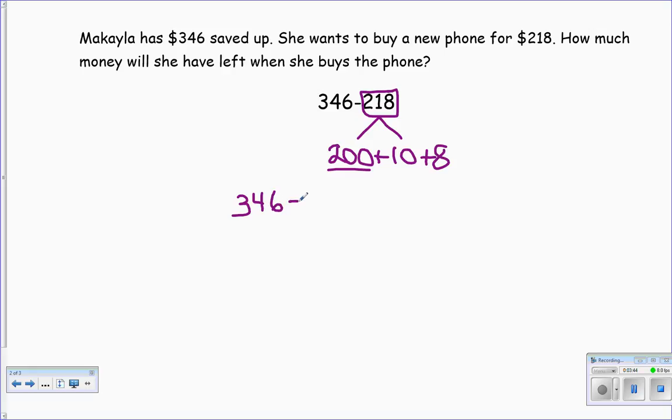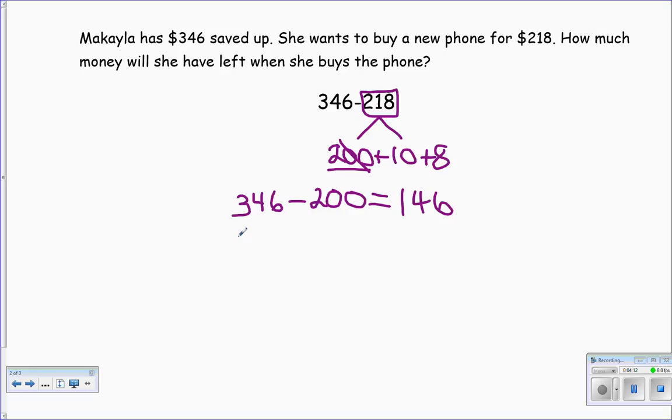And I'm going to take away the hundreds, which I have two of them, so 346 minus 200, and that will give me 146. Okay, so I've dealt with my hundreds. Notice when I subtract something, I get rid of it. That way I don't forget later on that I've already subtracted it and try to subtract it again. So I've dealt with that.